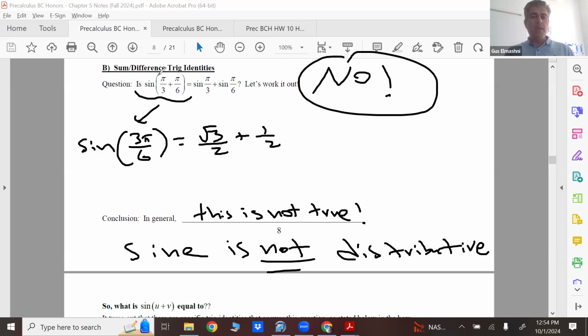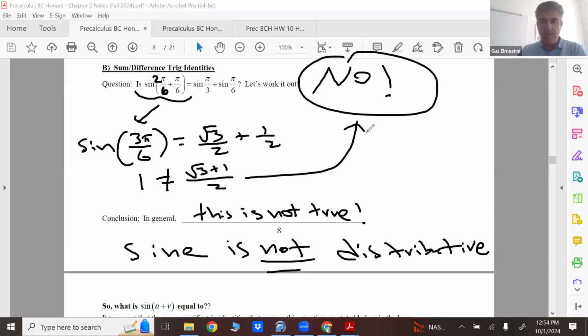Yeah, because that comes from 2 pi over 6, right? And that's going to be 1. Okay, that's not true, guys. Sine is not distributive. Please don't make that mistake. No trig function is ever distributive.